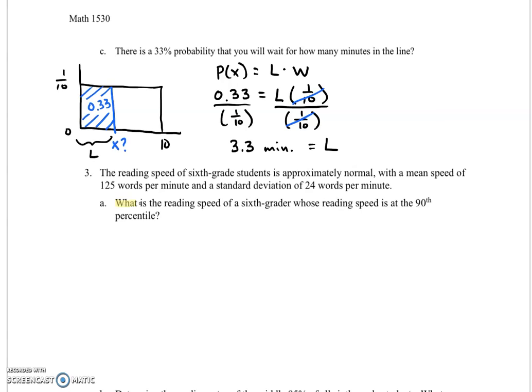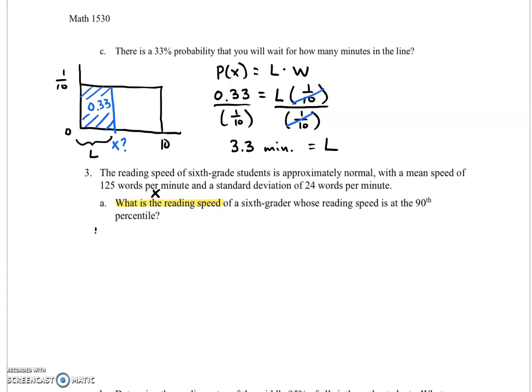Okay, what is the reading speed? That's asking us to find an x value. So find the value of the random variable so that the student is at the 90th percentile.